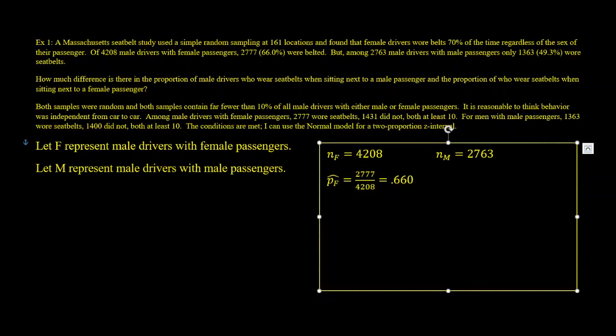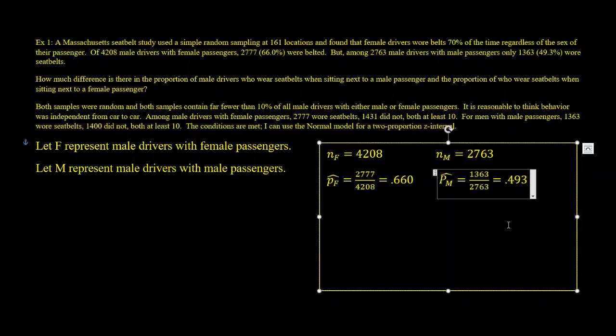And p hat for males is the 1,363 that wore seatbelts over the sample size of 2,763. This equals 0.493.